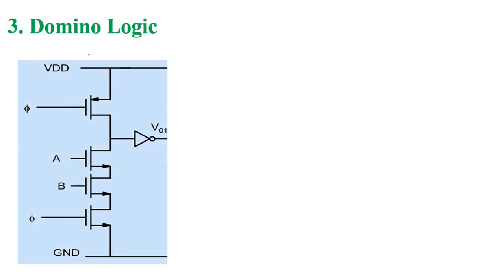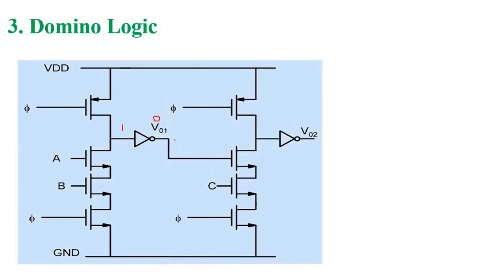So to avoid that, domino logic is implemented. This is nothing but a dynamic CMOS logic with one inverter present. If the output is 1, it automatically becomes 0, because the inverter inverts the output. After that we can cascade the stages like that.